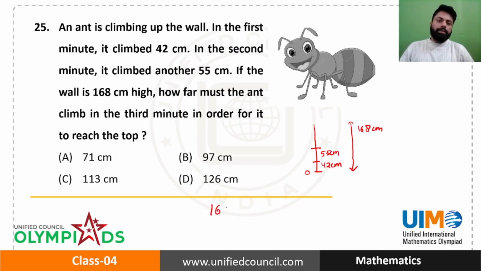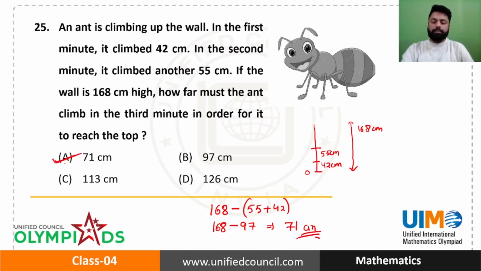So that is 168 minus the length it already covered, 97. 8 minus 7 is 1, 16 minus 9 is 7. 71 centimeters it should climb in the third minute so that it will reach the top.